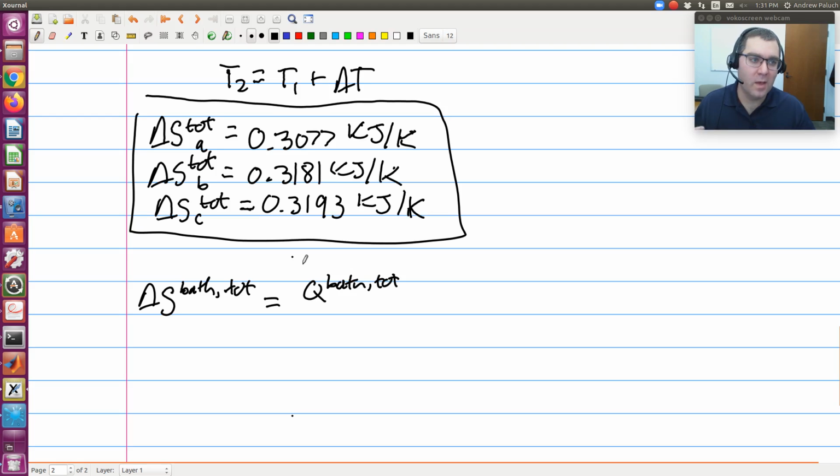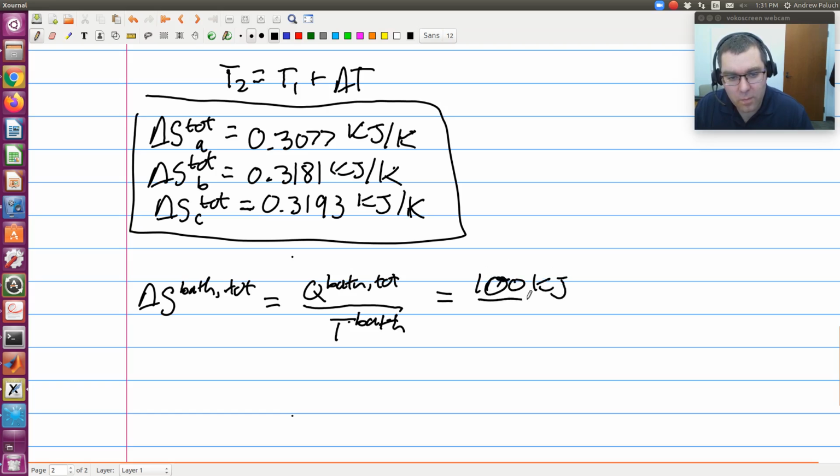That's extensive, because typically we calculate it from the calculation on the system, and we know the mass or moles of my system, but not of this reservoir, which is infinite. So you have Q bath over the temperature of my bath, which in this case is 100 kilojoules divided by 40 degrees C plus 273.15 Kelvin, because we're going to put this in absolute units.